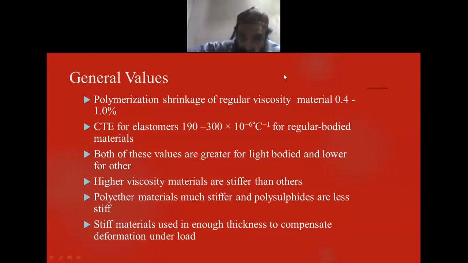Sorry, 190 minus 300 is not correct; it is 190 to 300. Both of these values are greater for light bodies and lower for others.